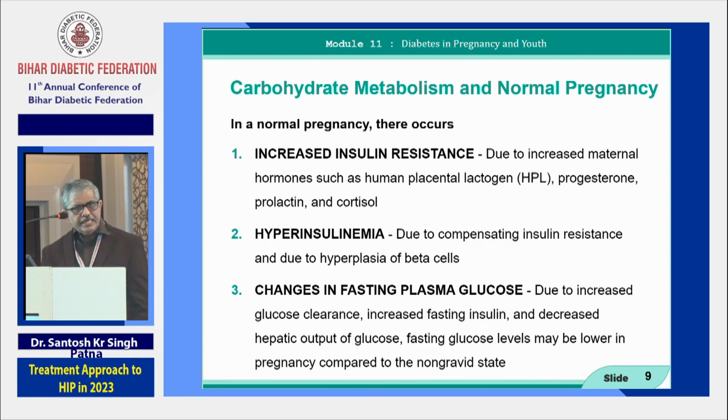But interestingly, despite this hyperglycemic milieu, we have this entity of euglycemic decay, which is typical of pregnancy. We have a lower blood glucose, and this is because of the increased glucose clearance from the kidneys, increased fasting insulin, which is consequent upon this hyperinsulinemia, and decreased hepatic output.